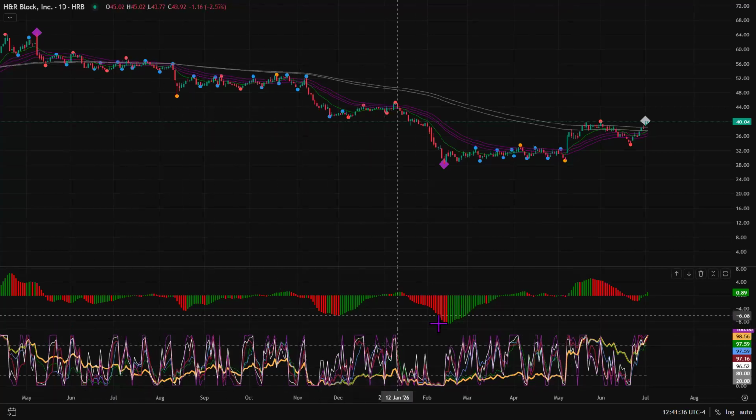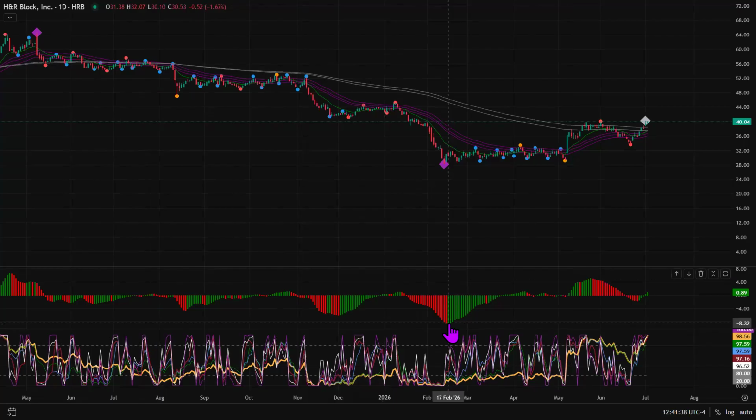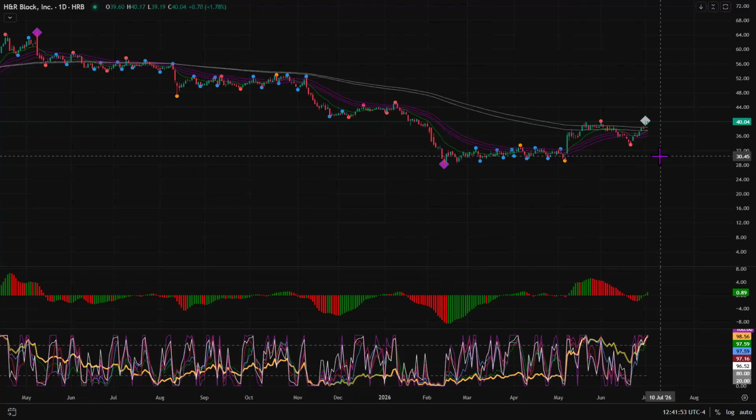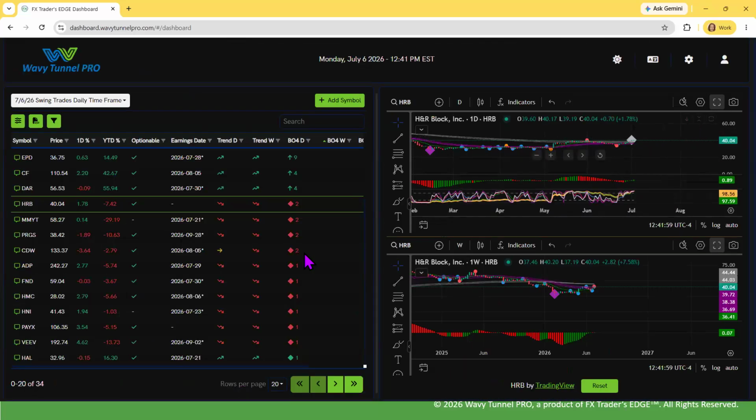Before taking a short, you definitely want to make sure that we don't have divergence, and we don't have divergence here. We have a very strong peak here. So there is the potential for it to trade lower. That's what a short looks like. Let's look at another short.